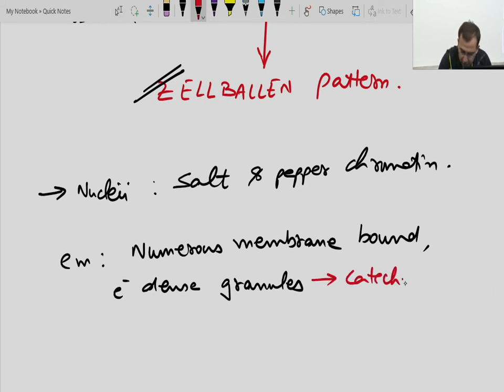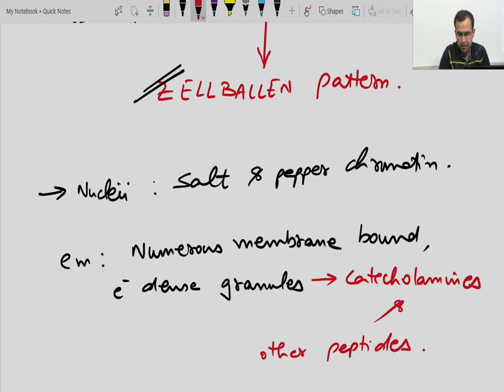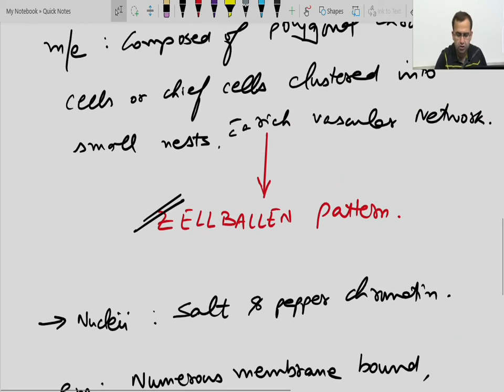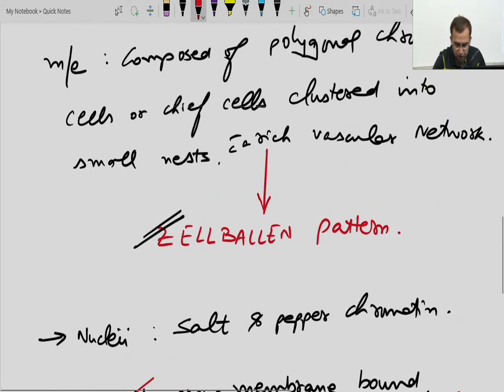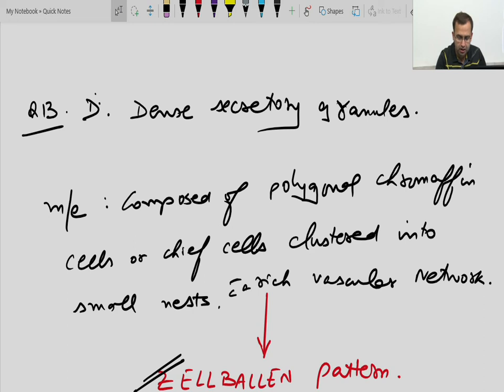Catecholamines, along with other peptides. This is the paraganglioma. Zellballen pattern, we will see it subsequently in other questions. So, nuclei, salt and pepper chromatin, electron microscopy, numerous granules which contain catecholamine. So the answer to question number 13 is dense secretory granules which are seen in paragangliomas.